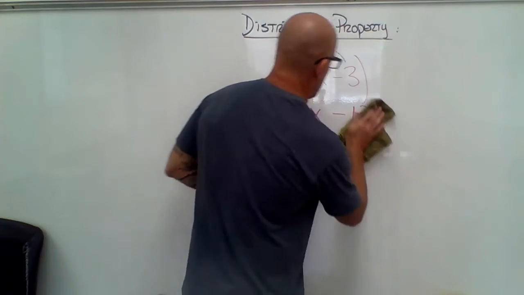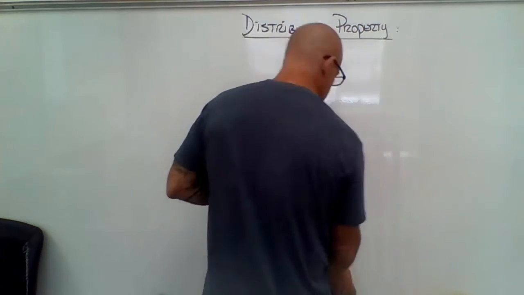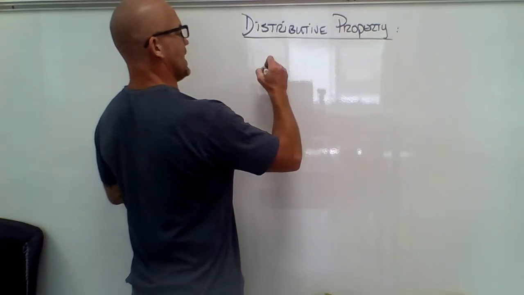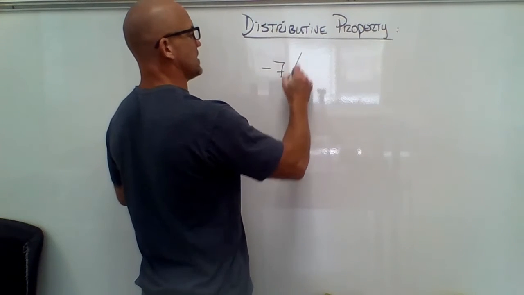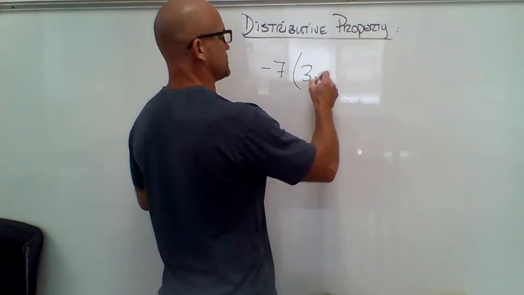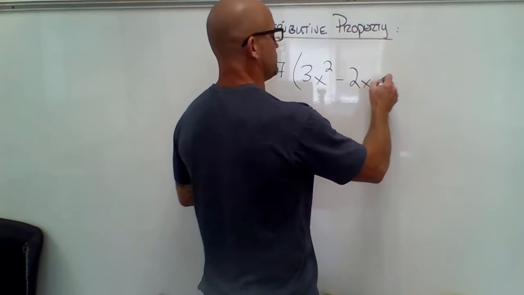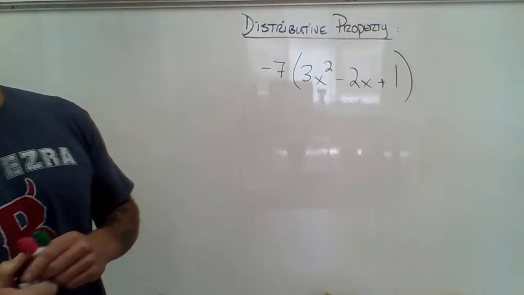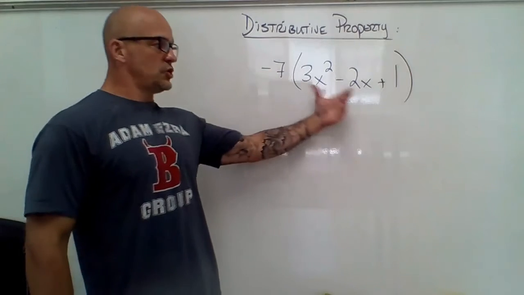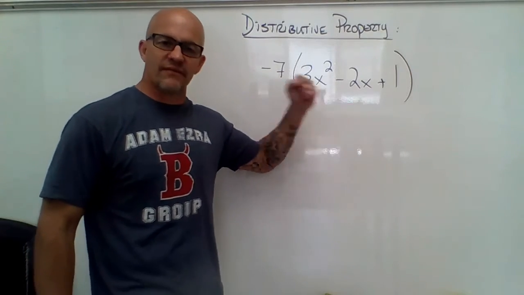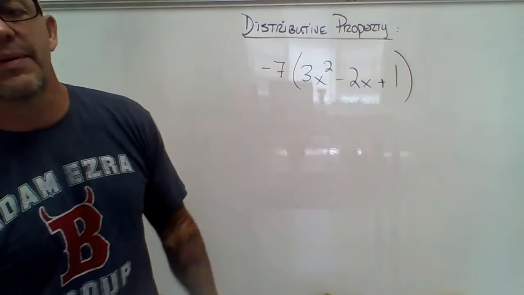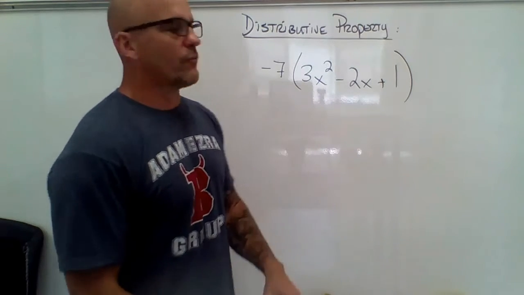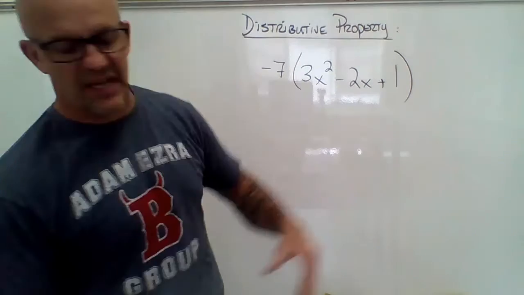Let's try another one. Let's throw in a trinomial. Let's do negative 7 times 3x squared minus 2x plus 1. Again, according to our order of operations, we technically should do all the work inside the grouping first, but I cannot do that because I don't know what x is. So I'm going to break that rule by distributing my negative 7.